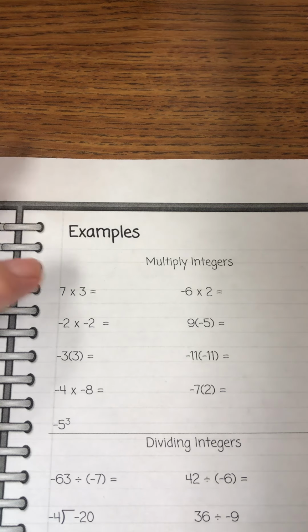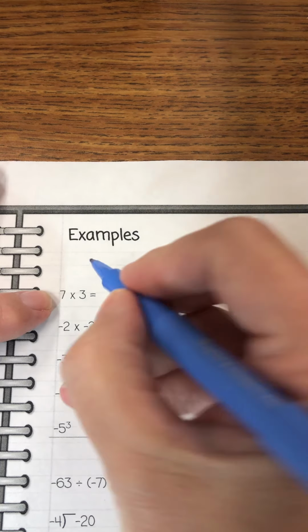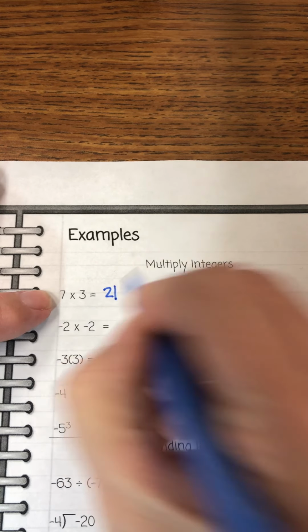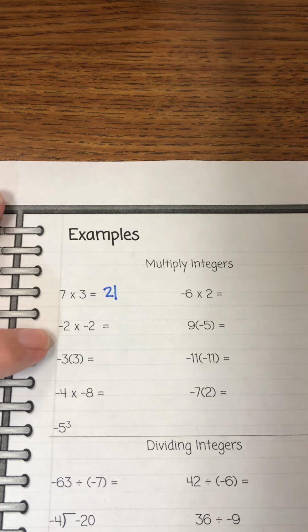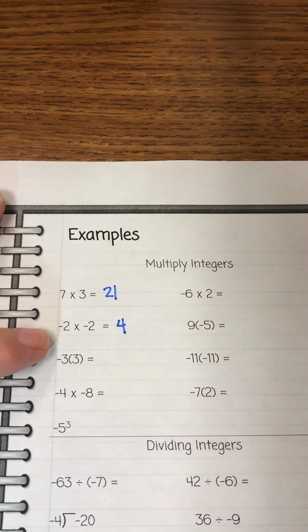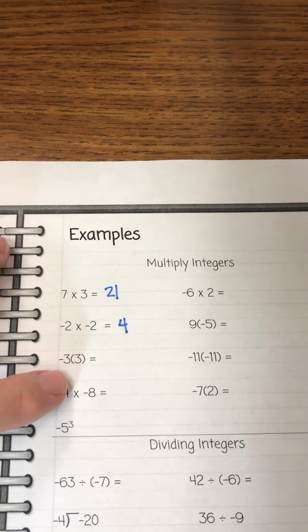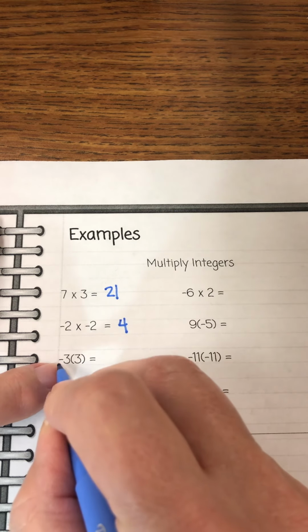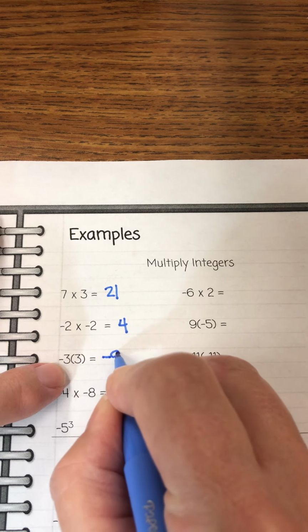All right, so you have 7 times 3, that's 21 because they're both positive. Negative 2 times negative 2, that's positive 4 because we multiplied 2 negatives together. So this is negative 3 times 3. So because you have a positive and a negative, the answer's got to be negative.